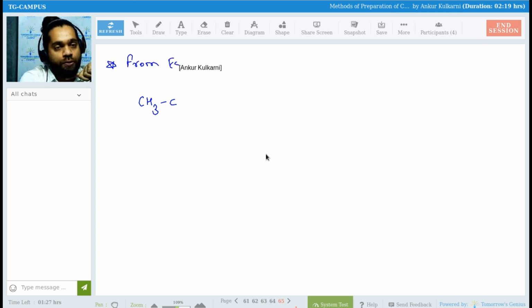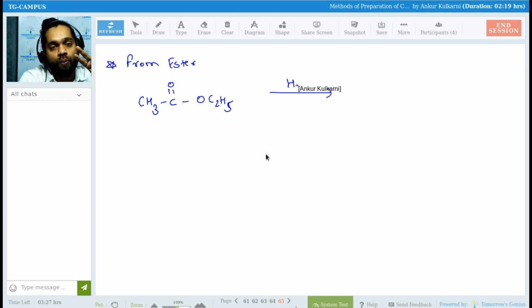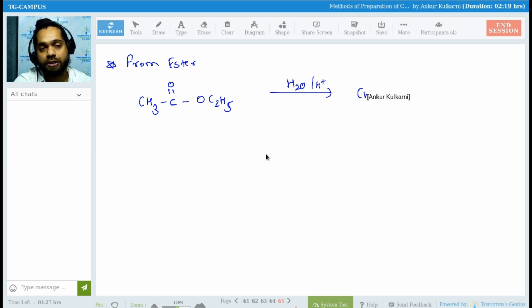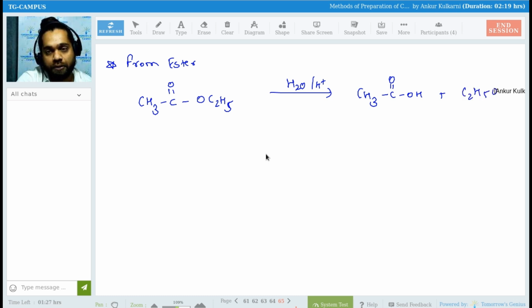Suppose I have an ester CH3 C double bond O C2H5. Tell me by your logic what will be the two products. Sir, one will be carboxylic acid and another will be alcohol. Yes, a carboxylic acid and an alcohol. Simple.